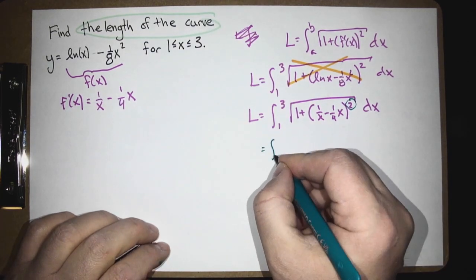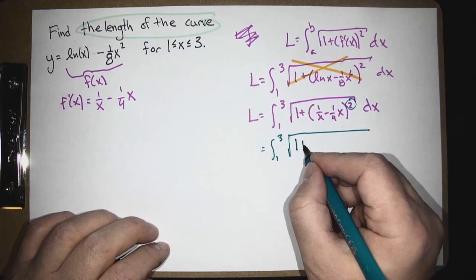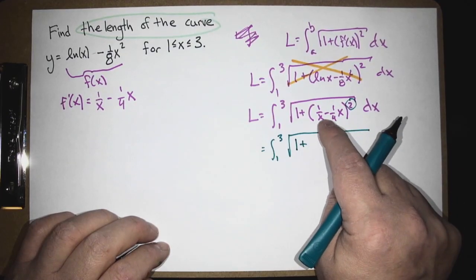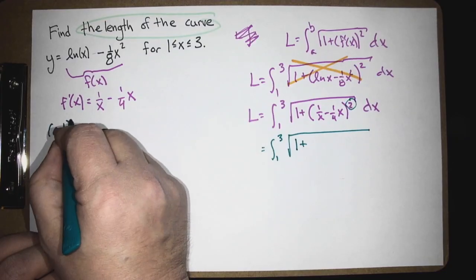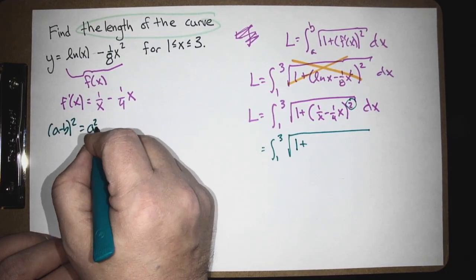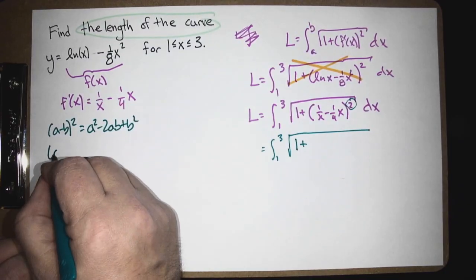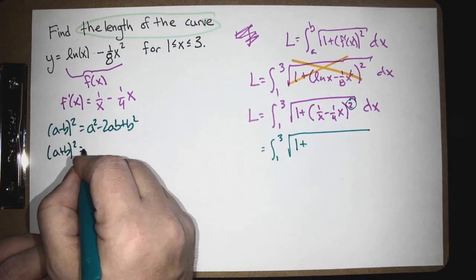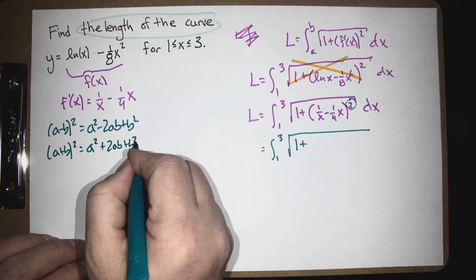So, doing some algebra. As a reminder, a minus b quantity squared is a squared minus 2ab plus b squared.